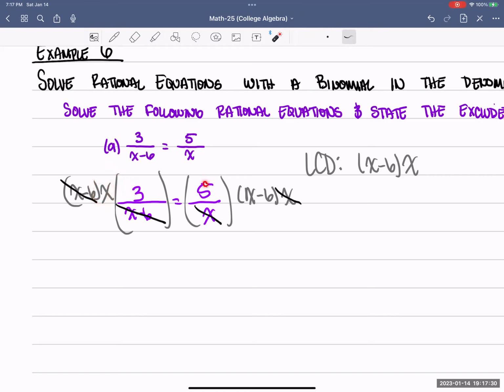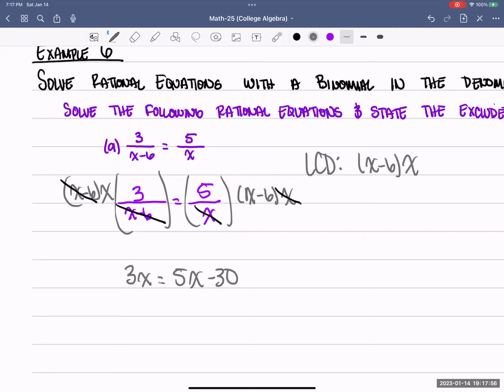Over here, we could distribute the 5 through our binomial. So that leaves us with 3x is equal to 5 times x, which gives us 5x, and 5 times negative 6, which gives us a negative 30.